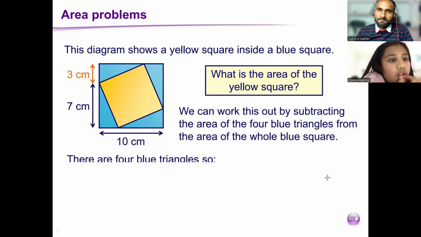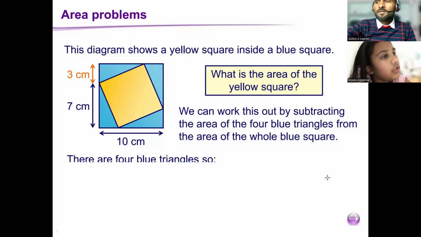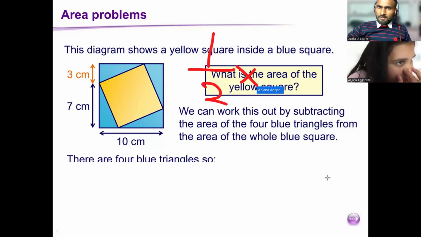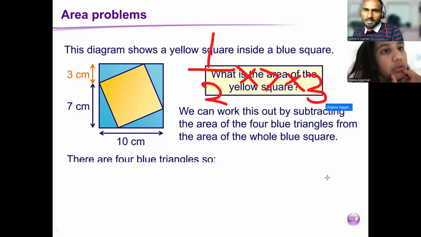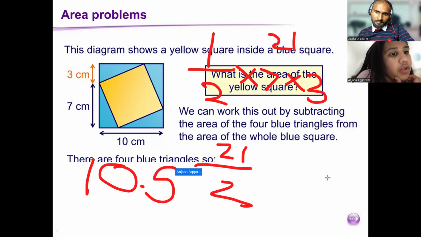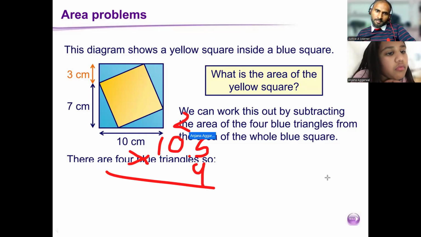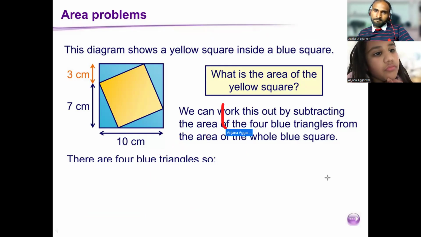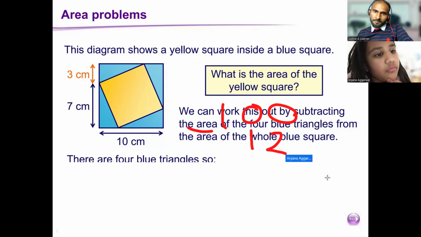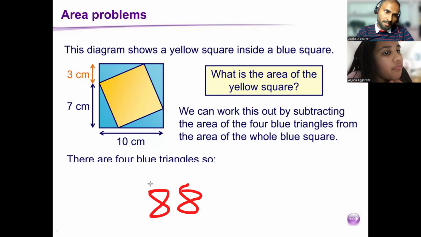So work on this question now. You're working on this. 88 centimeters squared.